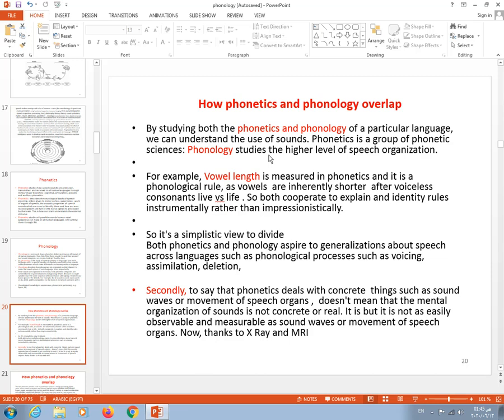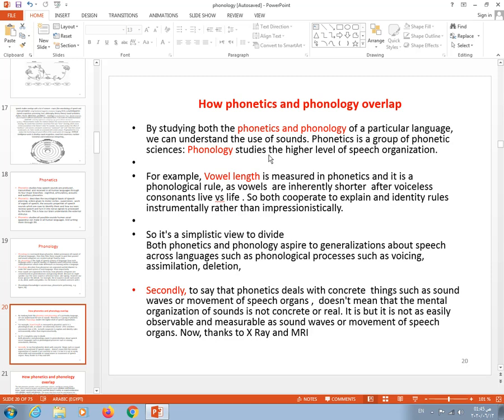For example, live and life. All native speakers of English know that, even unconsciously. And this is something which is cognitive. Phonetics helps us to verify that by measuring the duration of the pronunciation of these words. Phonetics can give us this data.